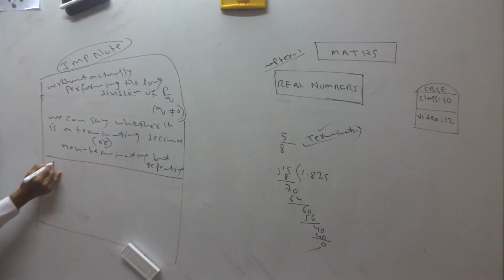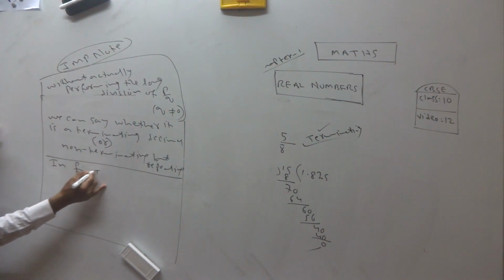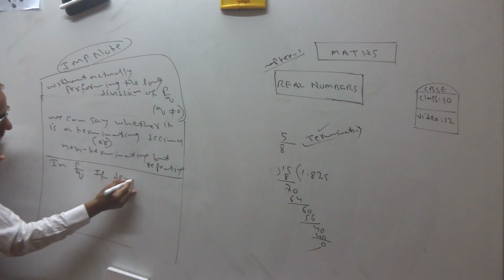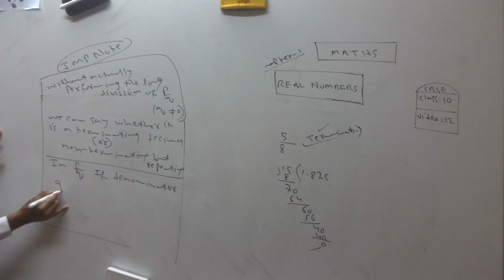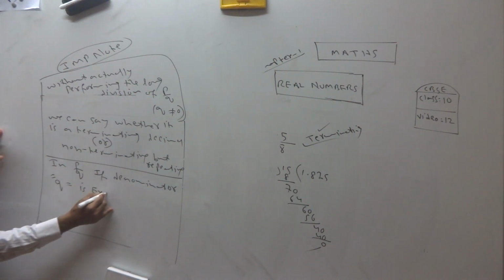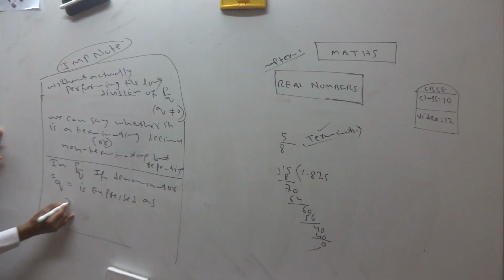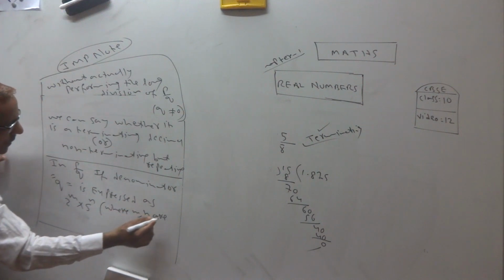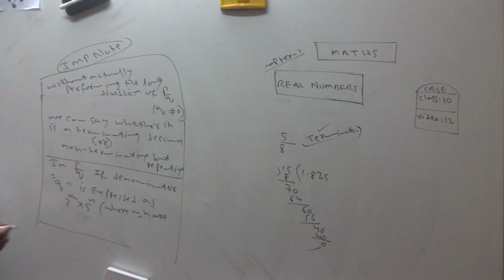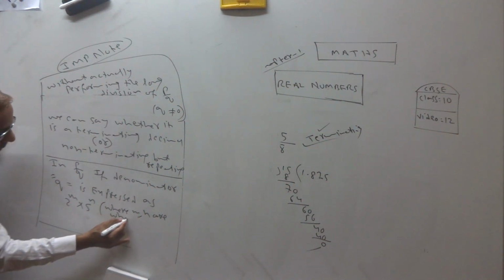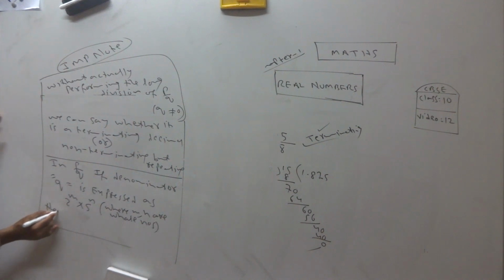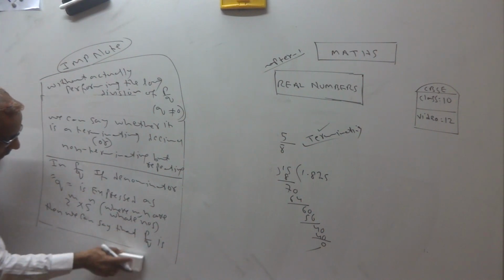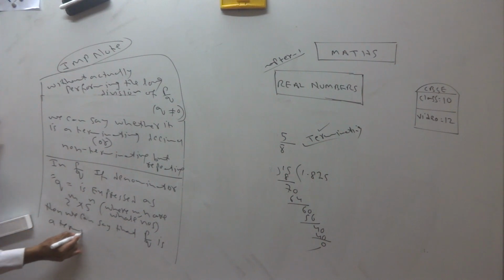In P by Q, this is the important note: if the denominator Q is expressed as 2 raised to m and 5 raised to n, where m, n are whole numbers, all of which we discussed in earlier videos, then we can say that P by Q is a terminating decimal.